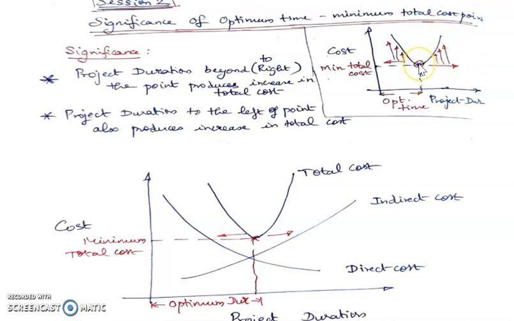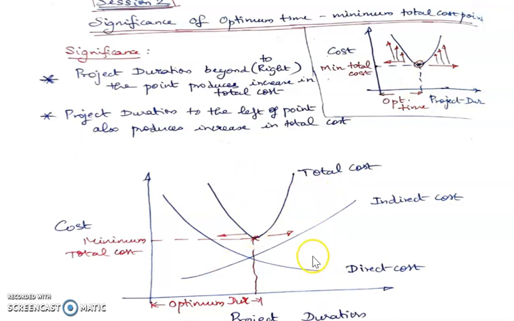Similarly, if the project gets crashed beyond this point, it is also going to incur an increase in total cost. So it is always best for us to identify this optimum duration, or the best duration that the project should be planned for, such that it incurs a minimum total cost.